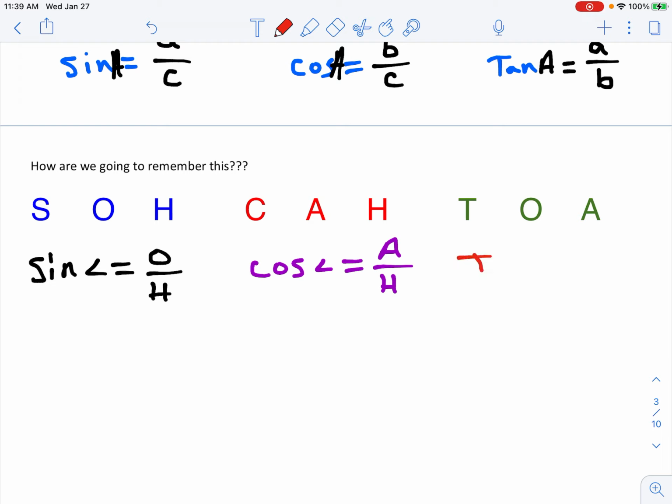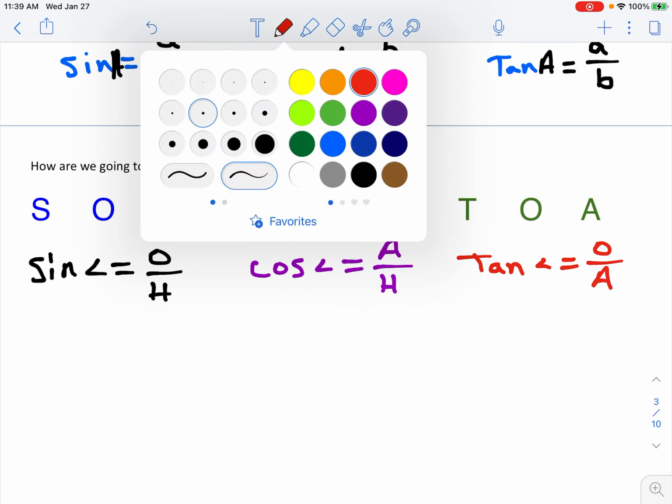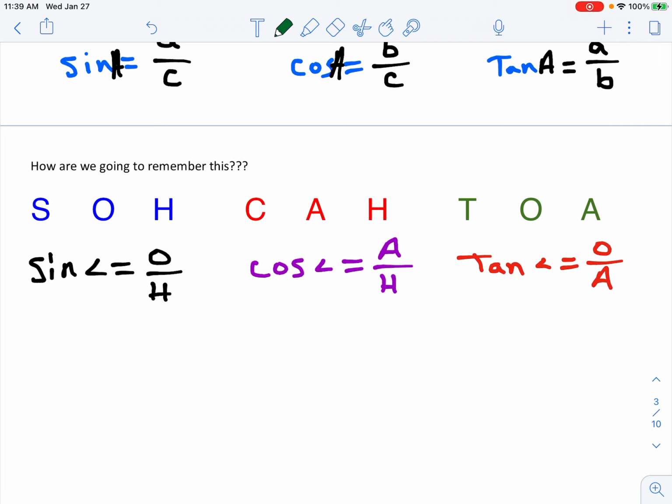And then the T stands for tangent of an angle, and notice it has an O and an A. O stands for the opposite side on top, adjacent on the bottom. Now, this is one way that you can think about it to remember.